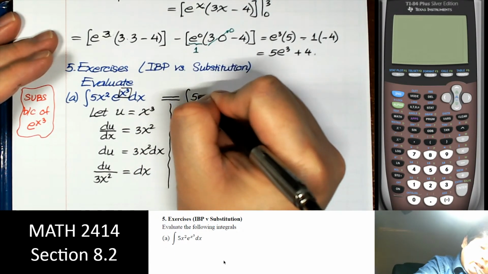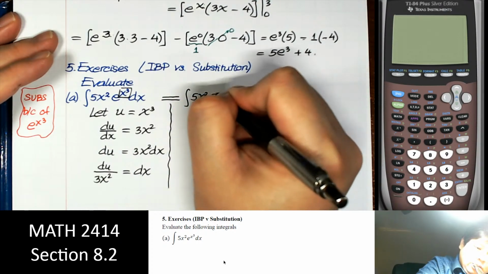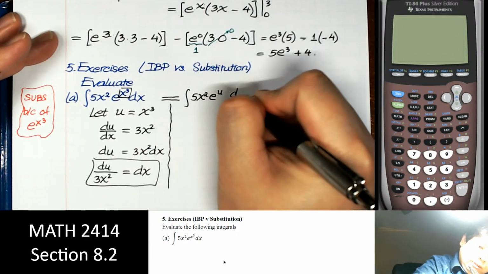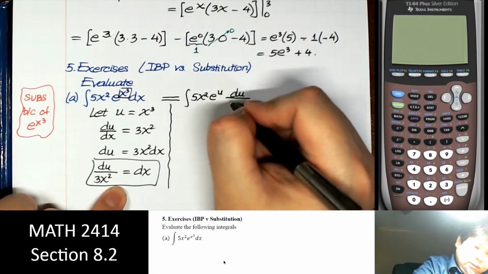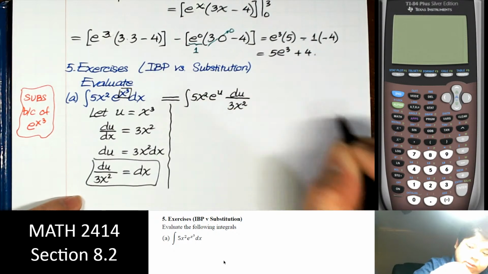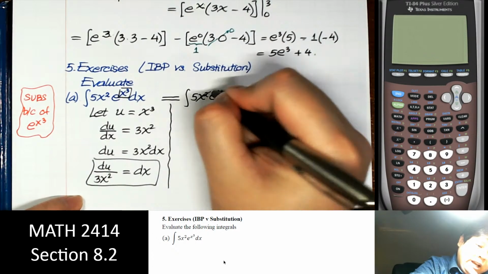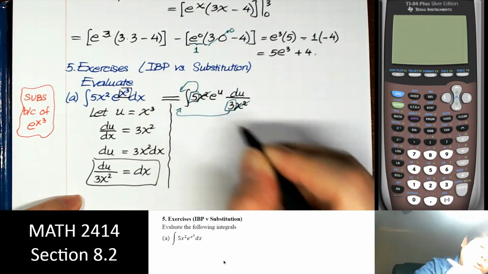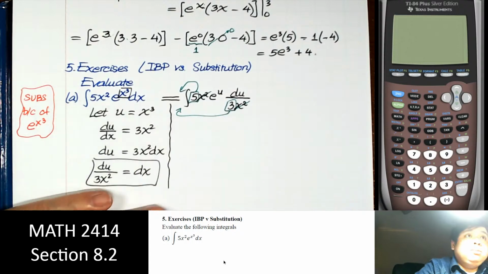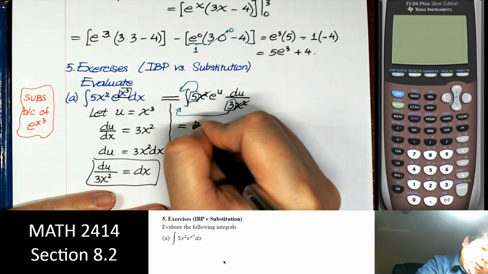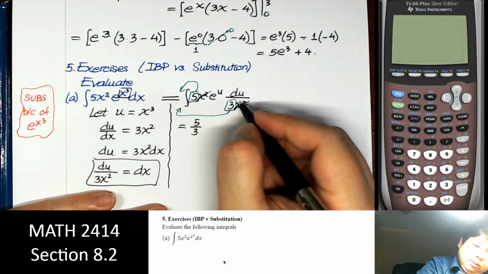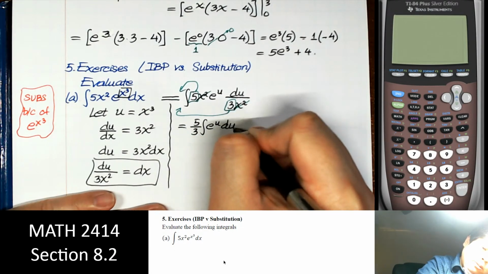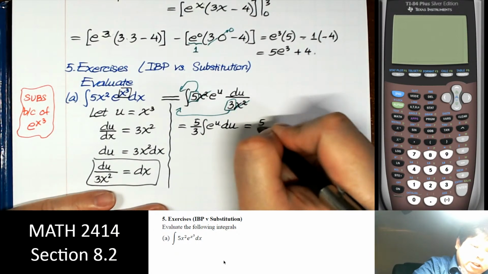So we have 5x squared e to the u, dx is this. The x squared cancels out. 5 on top, 3 at the bottom. So 5 over 3.